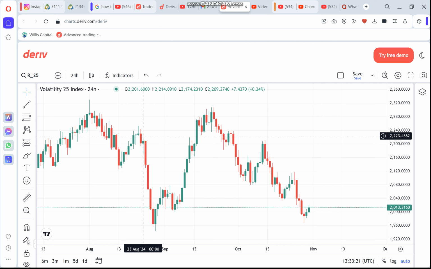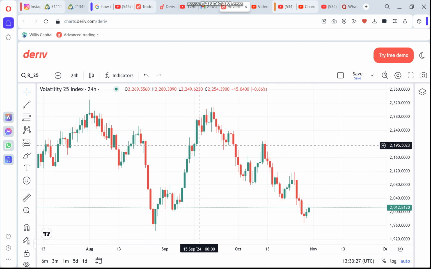So on this chart, Volatility 25 Index, we are going to spot our market structure from the daily chart, and here we go.